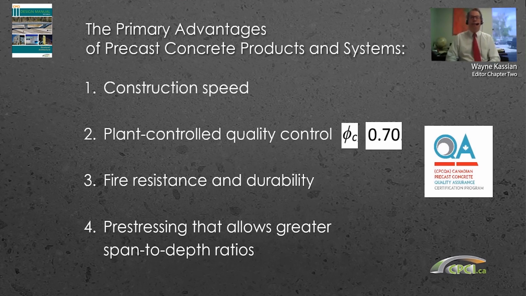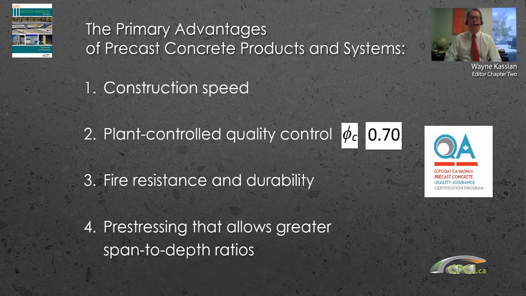So with respect to precast concrete, there are obviously several advantages of using precast concrete construction, one being construction speed. Products are prefabricated off-site and then brought to site and erected in an efficient and quick manner.